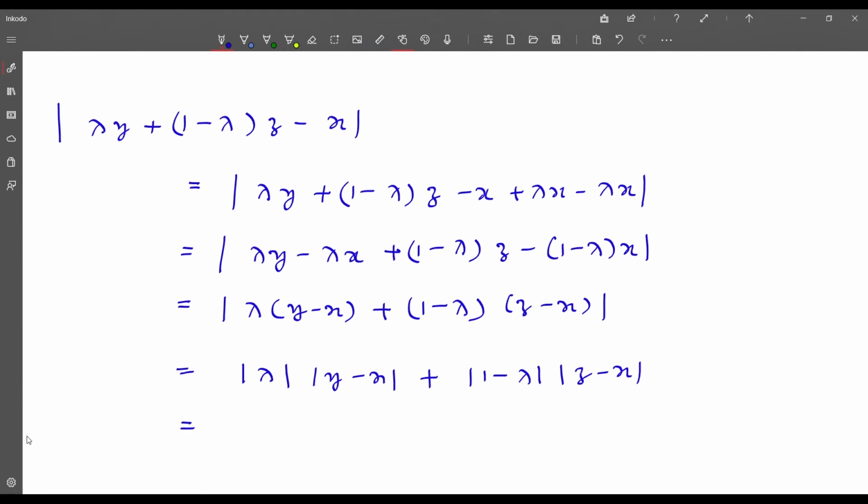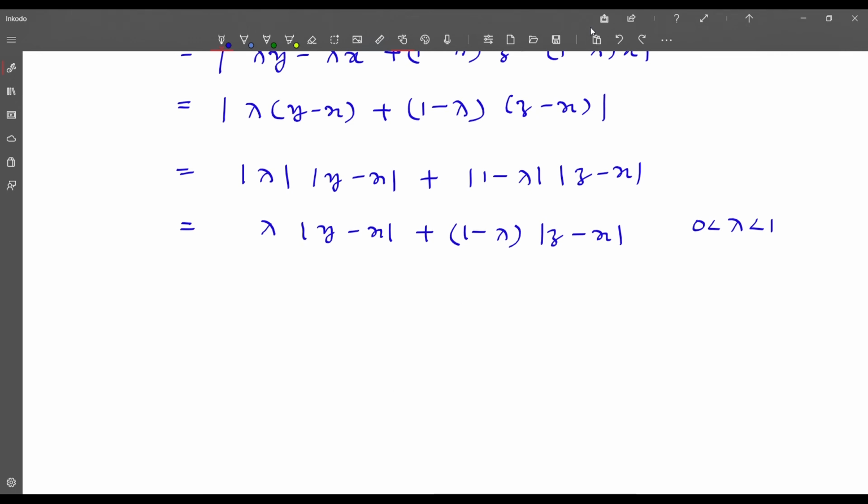Since λ and 1 − λ are real numbers, you have λ|y − x| + (1 − λ)|z − x|. You know that 0 < λ < 1, so 1 − λ is also positive. And you know that |y − x| < r and |z − x| < r.